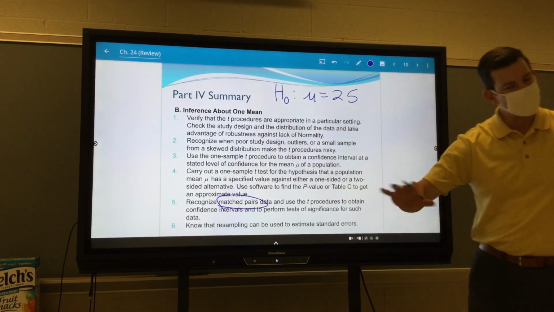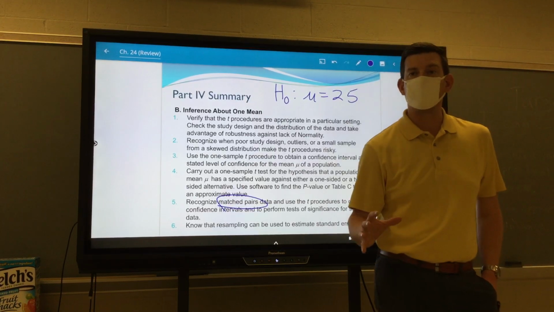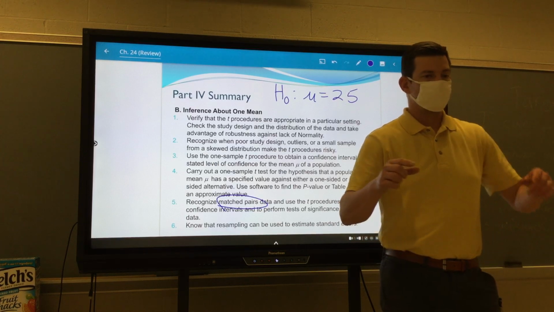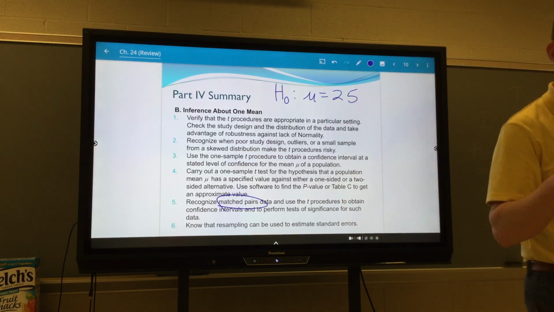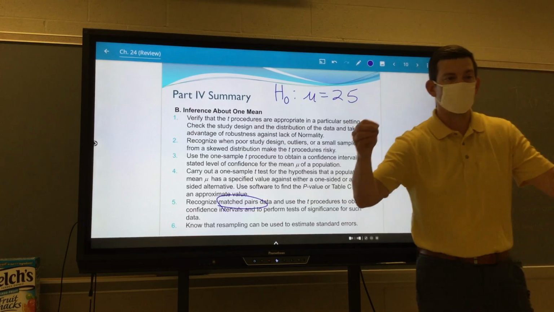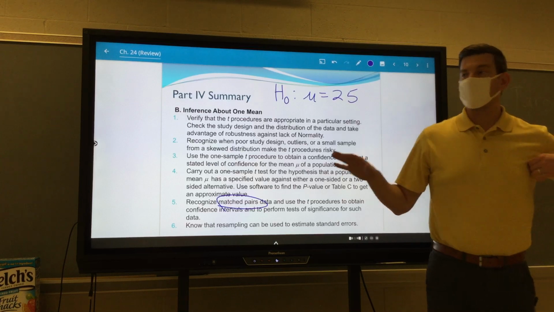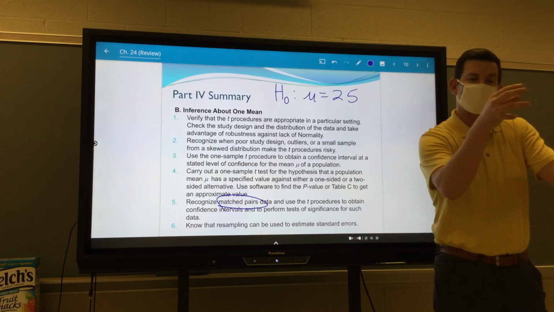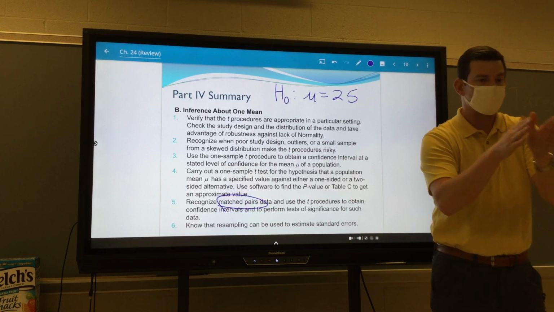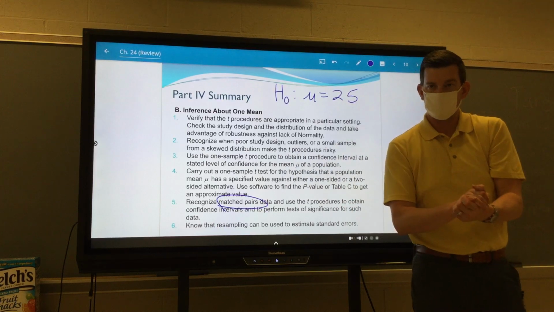Now, we had previewed this a little bit. A matched pair design experiment is when you're either subjecting the same individual to multiple treatments or 2 similar individuals are pitted against one another. The way that works is you're taking 2 samples, but you're finding the differences between those values and analyzing them with 1 sample procedures.